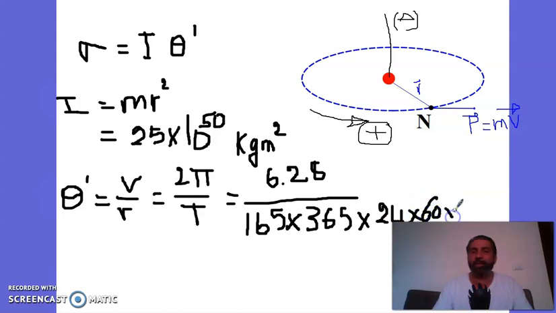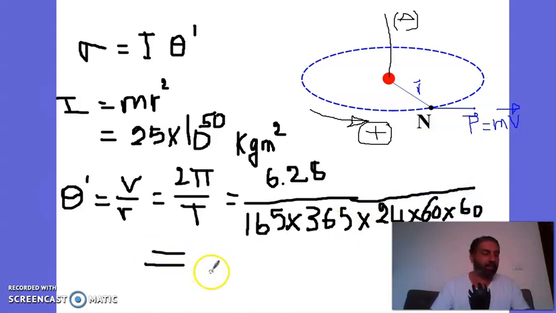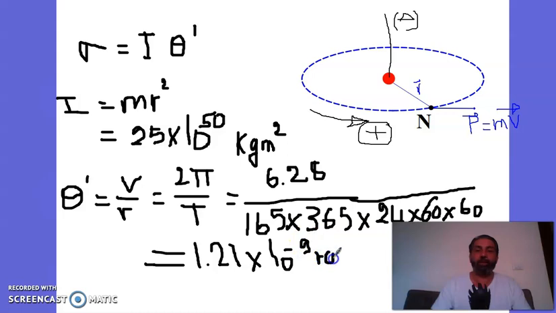And each minute is 60 seconds. If you do the whole calculation, you get almost 1.21 times 10 to the minus 9 radian per second.